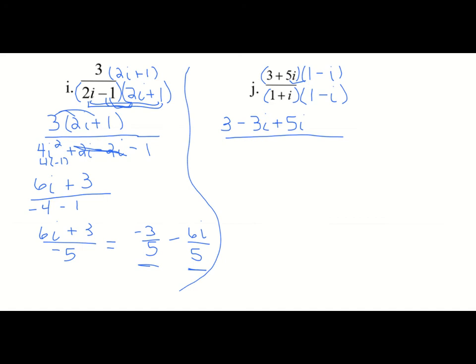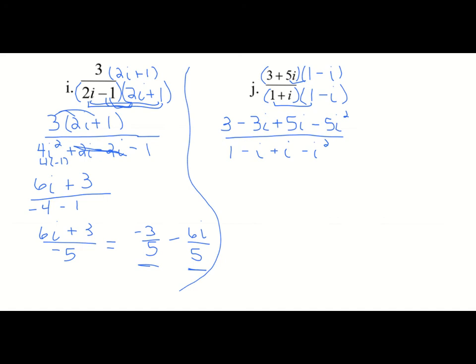And then 5 times negative i will be negative 5i squared. On the bottom, 1 times 1 is 1. 1 times negative i will be negative i. Positive 1 times i will be positive i. And then i times negative i will give me negative i squared.